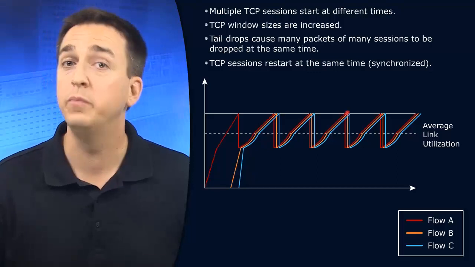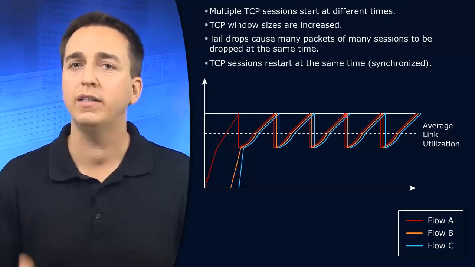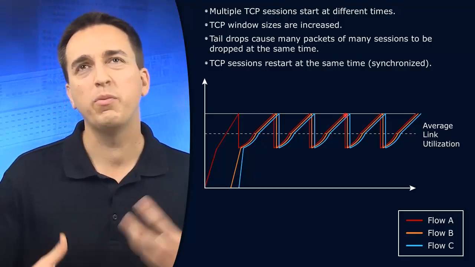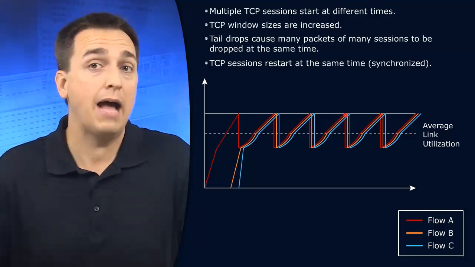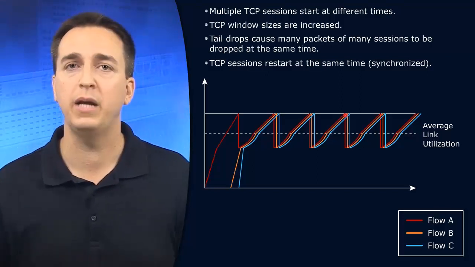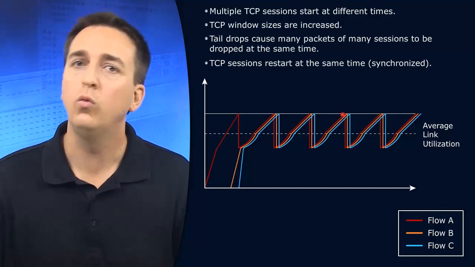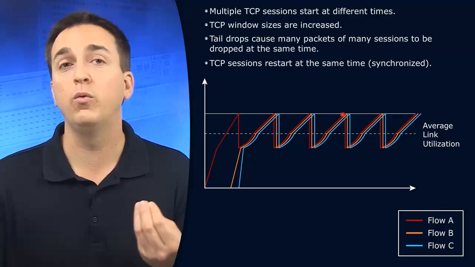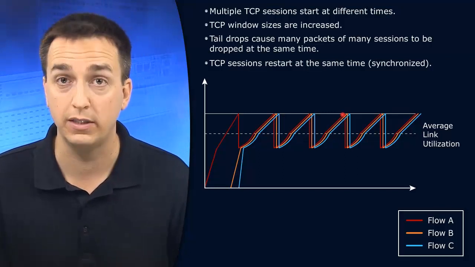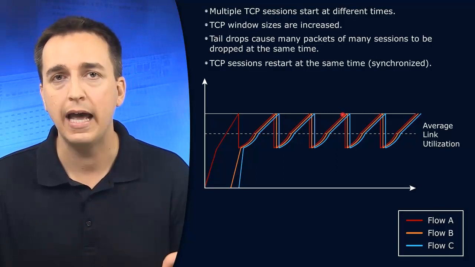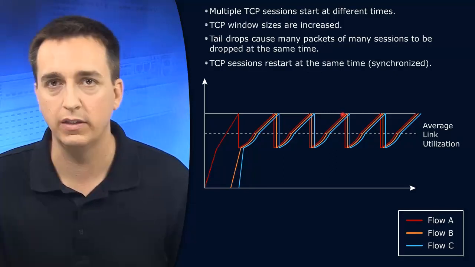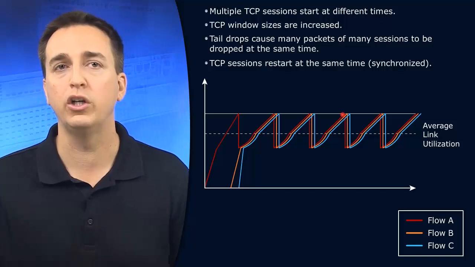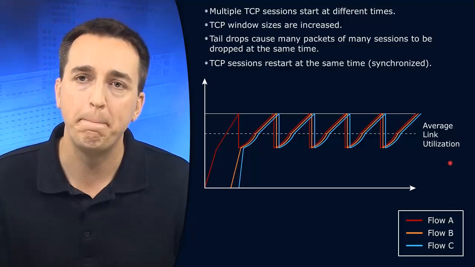And it's something you want to be familiar with. Now, we can reduce the likelihood of it happening by simply changing the way that our routers behave. So instead of using tail drop, we could use, for example, weighted random early detection, WRED instead. And the likelihood of this happening is significantly reduced at that point in time.